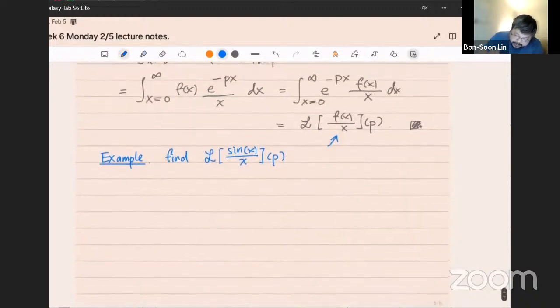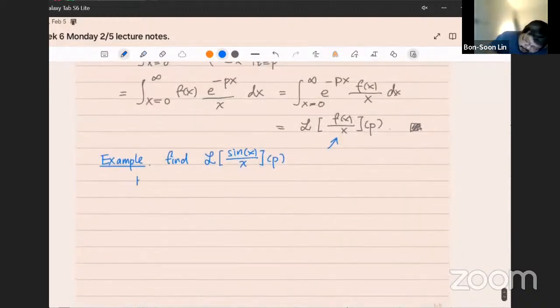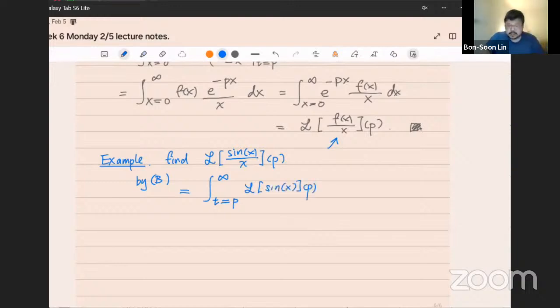So using rule B, this is equal to the integral of t going from p to infinity, which is the bound, of the Laplace transform of sine of x. So we're just using this outside integral rule backwards.